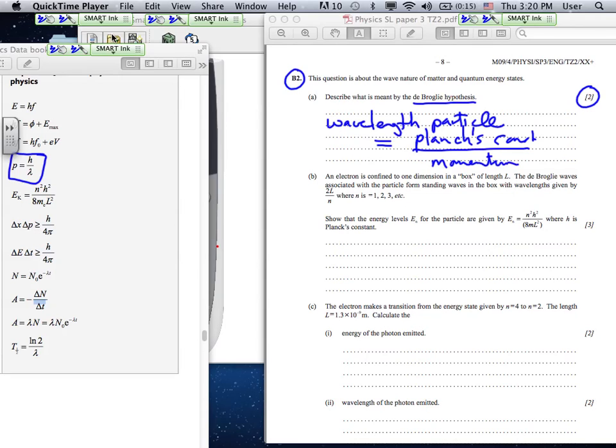So that's what de Broglie said. He basically said, and this would be the other mark, that every particle has wave-like properties associated with it.